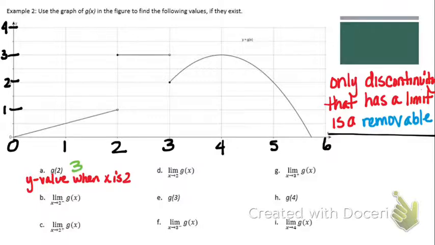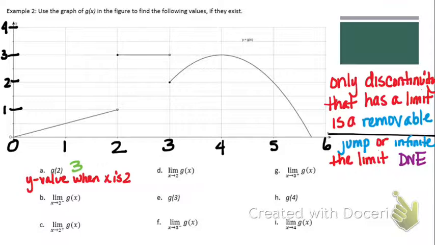If you have a jump or an infinite, the limit does not exist when we're talking about a limit.